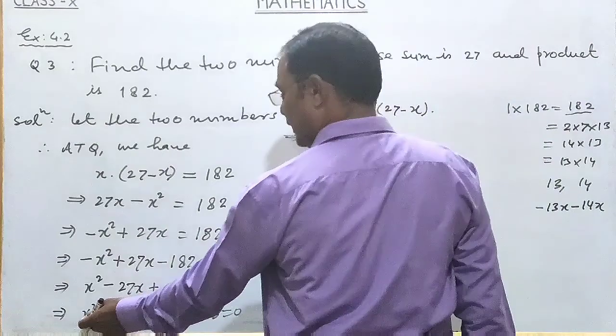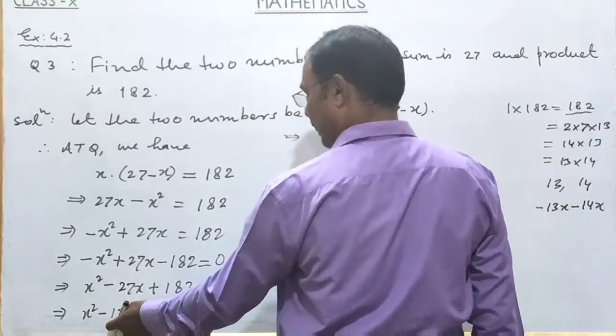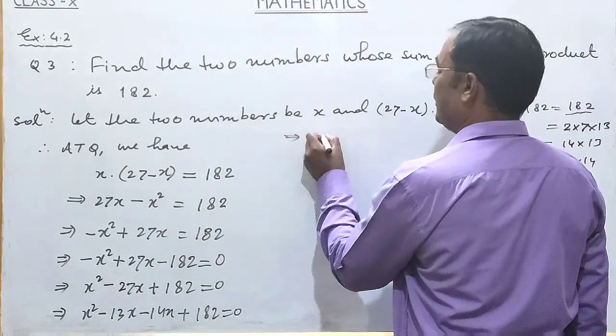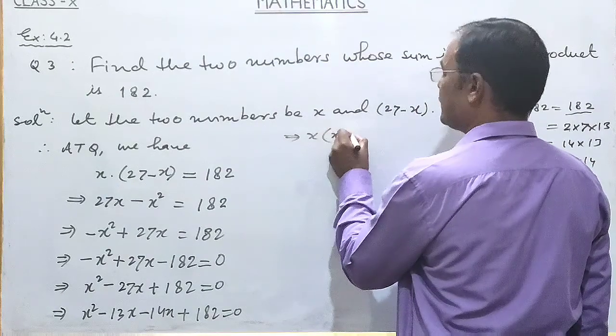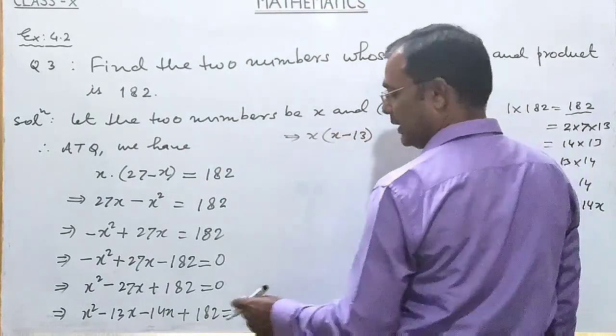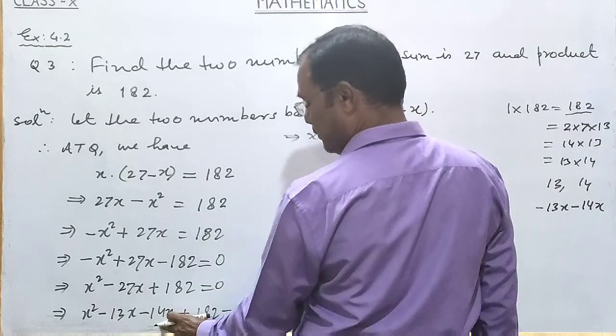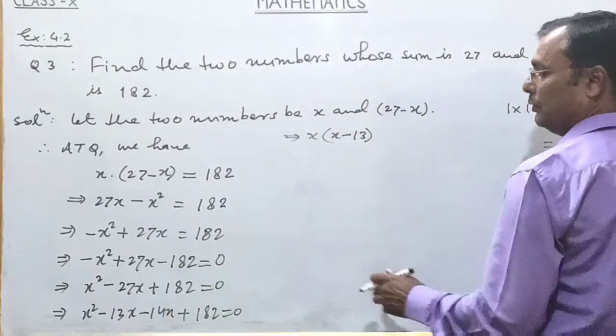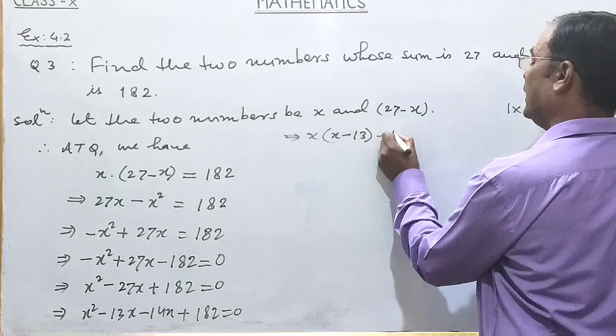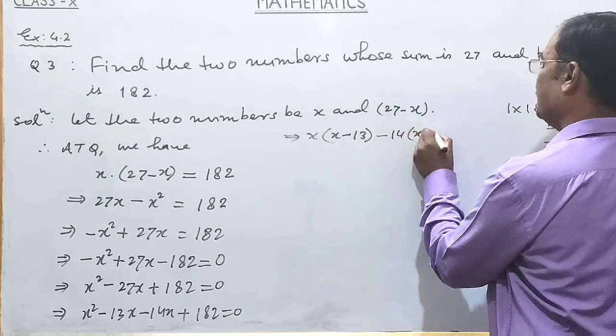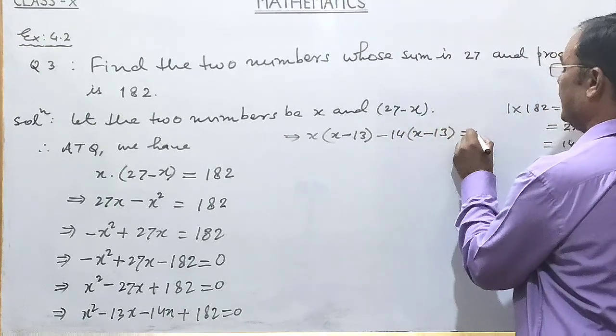Now let's take common from first two terms. x is common. So x minus 13 is left in the bracket. From minus 14x plus 182, what is common? Minus 14 is common. So x minus 13 is left in the bracket.